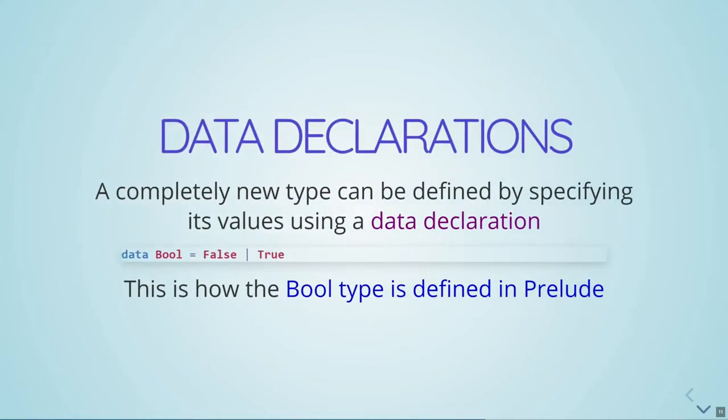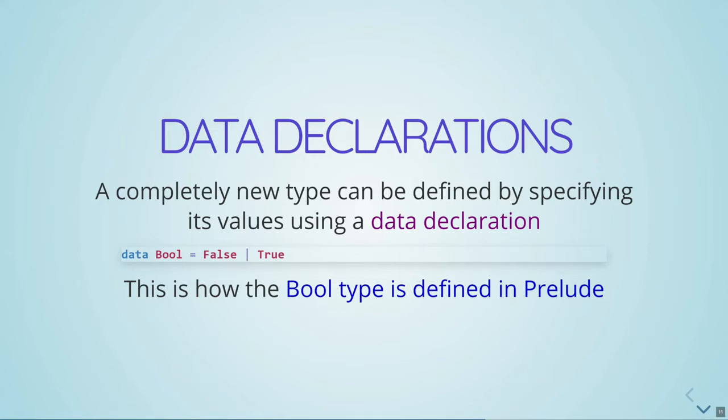Data declarations are another way of defining your own types, but they're more powerful in that they actually let you create your own values. So type declarations, they don't create new values of any sort. They're just another name for a type and values that already exist. Whereas data declarations, they don't just create a new type name, they create new values that are associated with that type.